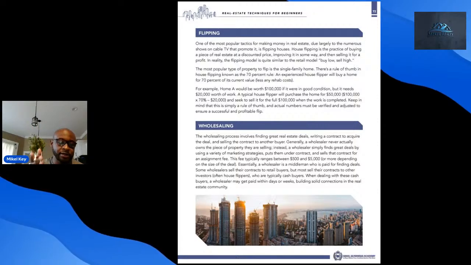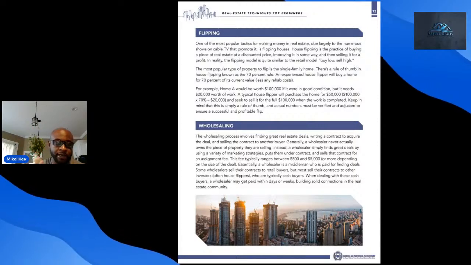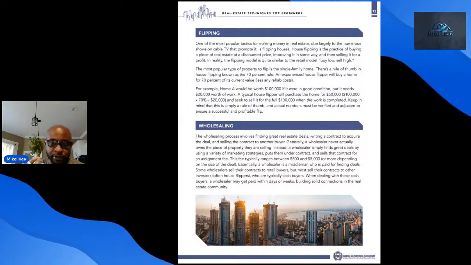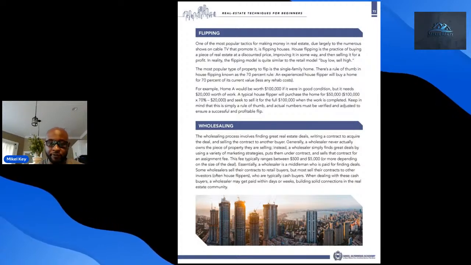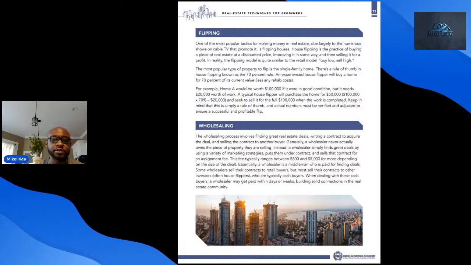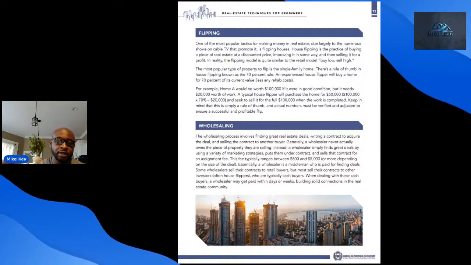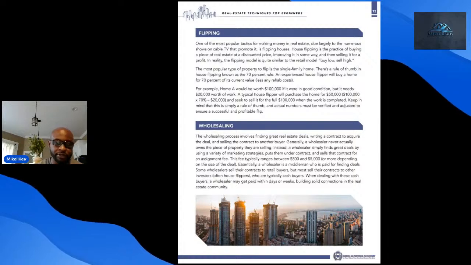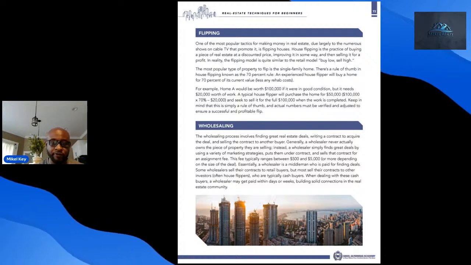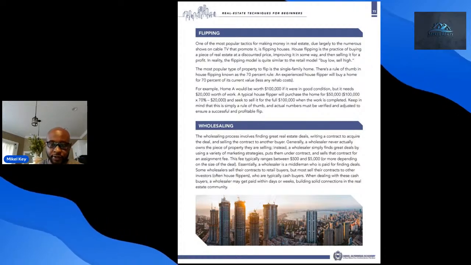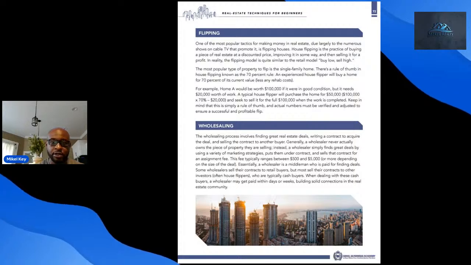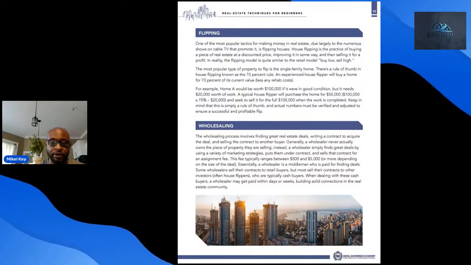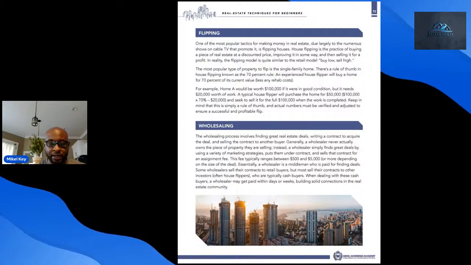Just go back and look at all the past sales in the area and calculate what that price per square foot is. If that price per square foot is $125, and your house is 1,000 square feet, then you multiply those by each other and you come out with $125,000.